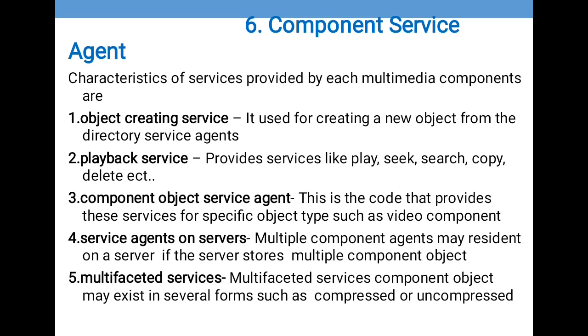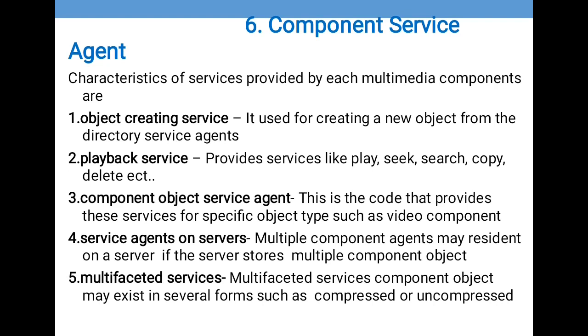And the sixth component is the component service agent, where the characteristics are provided by five divisions. Object creating service is used for creating a new object from the directory service agent.